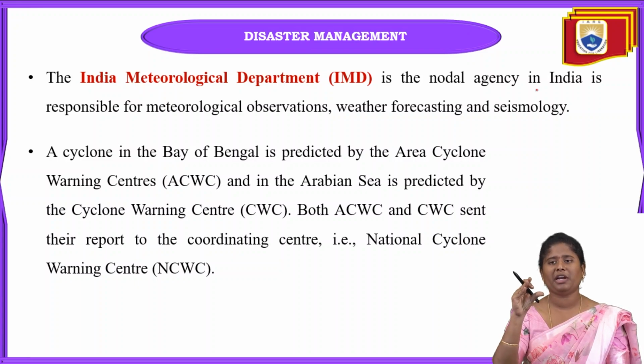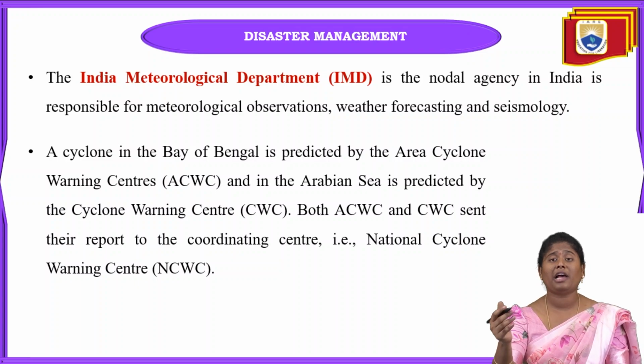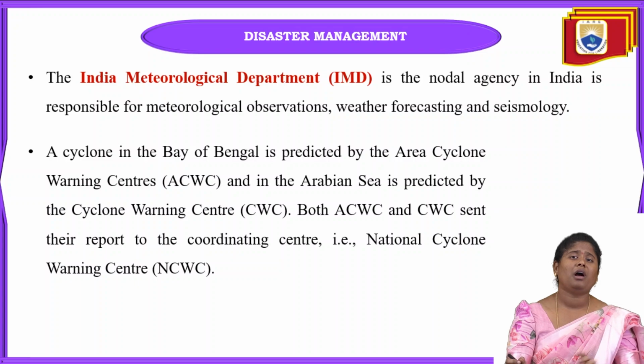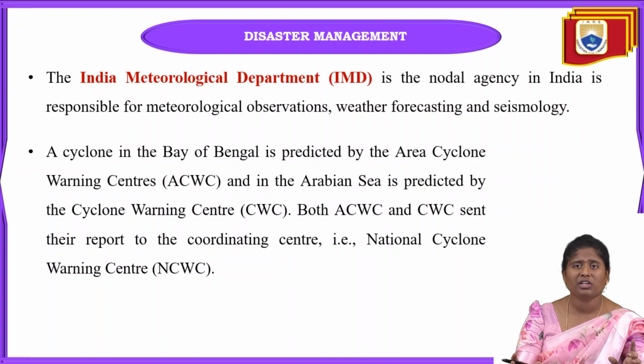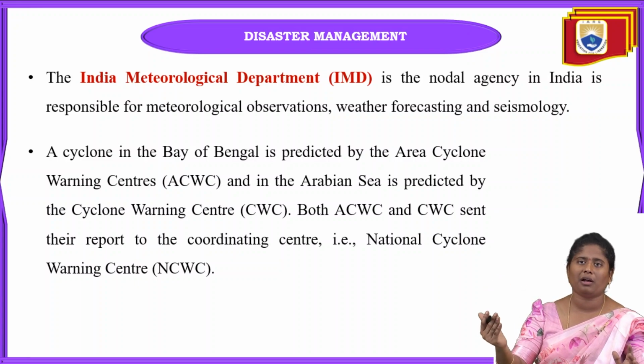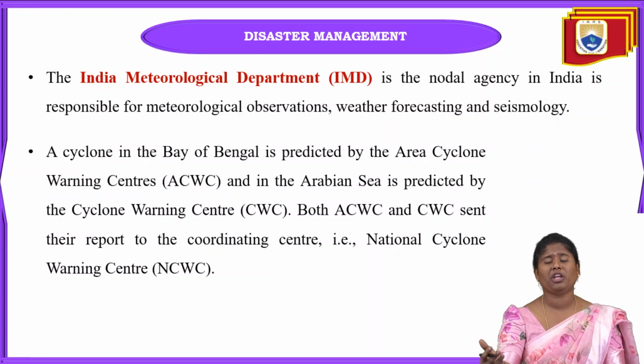Nearby the Bay of Bengal area, a cyclone warning system will be there. Likewise for the Arabian Sea, like the Lakshadweep Islands, it will be predicted by the cyclone warning centers. These centers send the data to the IMD, and the IMD will immediately take action and tell that some cyclones are going to happen in that area, so that the government can take action by sending people or the rescue team towards those areas or regions.